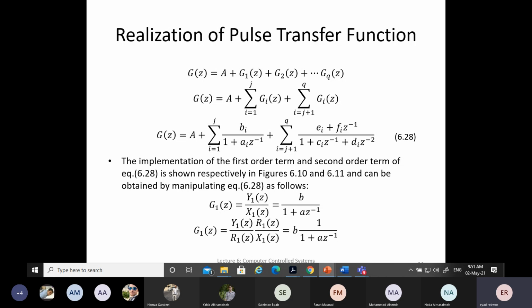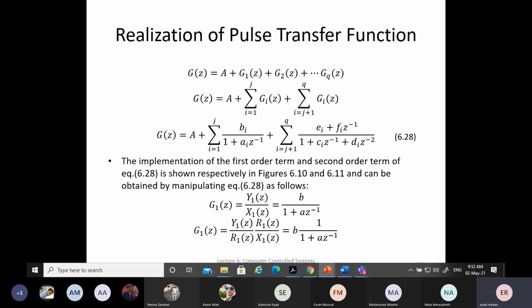So as many terms as you need in order to break down the whole pulse transfer function into lower order terms, which again consists of a constant plus maybe summation of all the first order plus summation of all the second order terms.